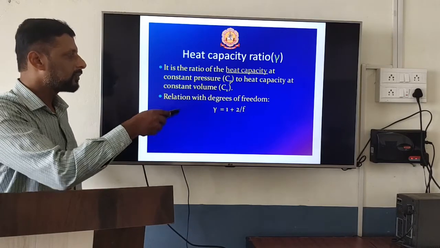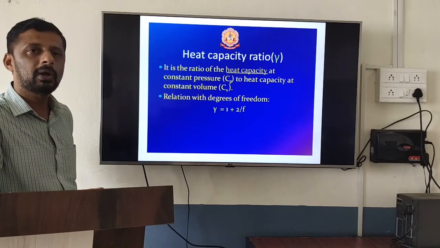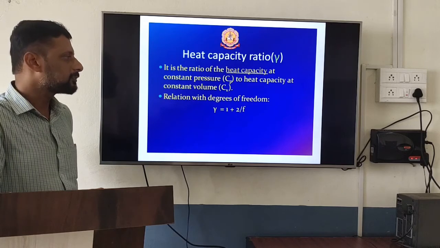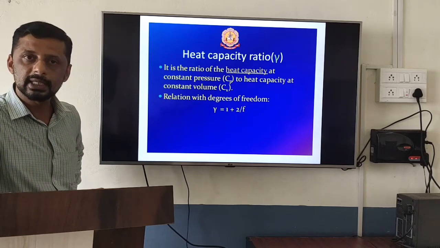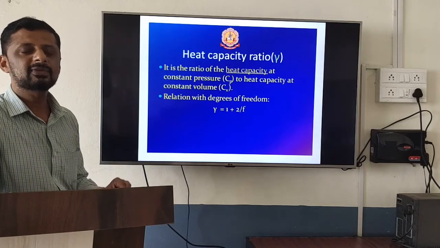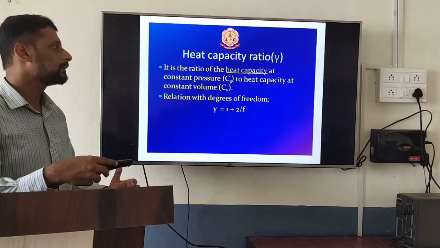So substitute F value as 3 in this equation. Then 1 plus 2 by 3, that is equal to 1 plus 0.66, that is equal to 1.66. Therefore, the ratio of specific heat gamma value is 1.66 for which type of gas? Monoatomic gas. Gamma value decides whether the gas is monoatomic, diatomic as well as what? Triatomic.